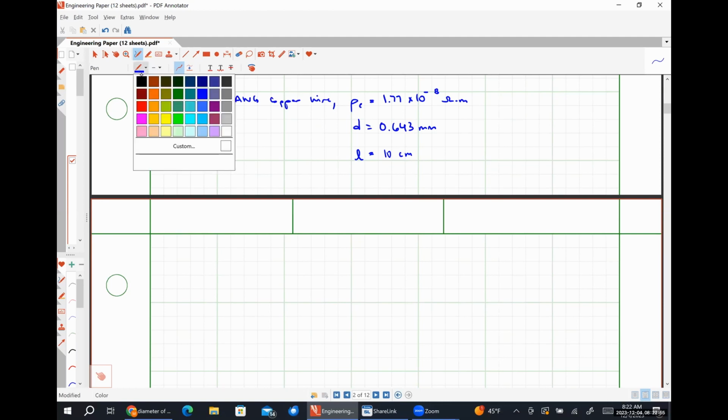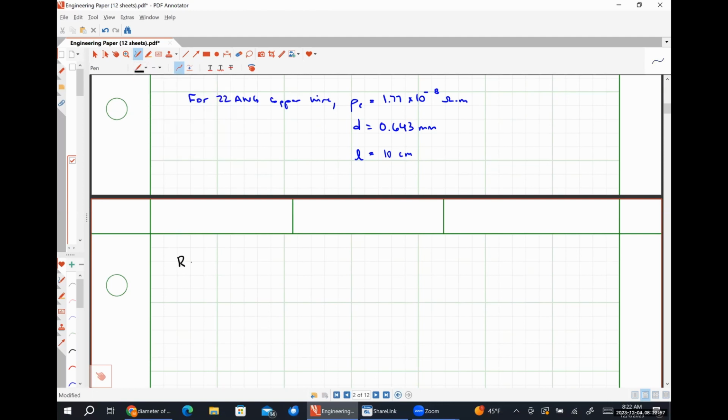So our resistance, R, will be equal to 1.77 times 10 to the minus 8 ohm meters times our length of 10 centimeters. And since I have ohm meters times centimeters, I need a conversion factor here.